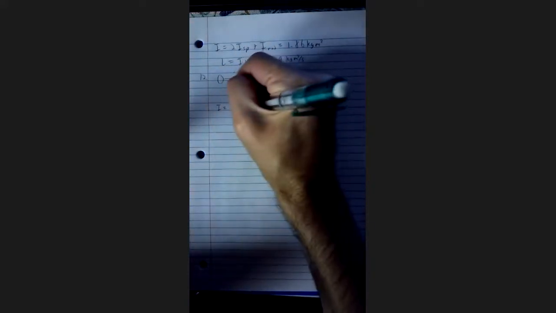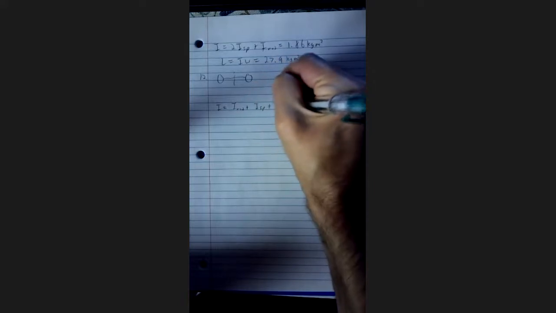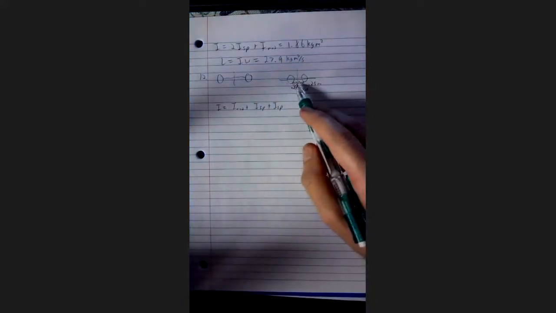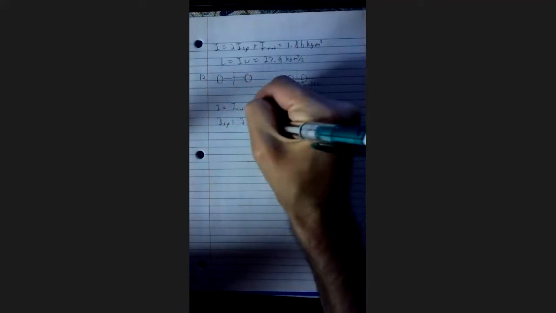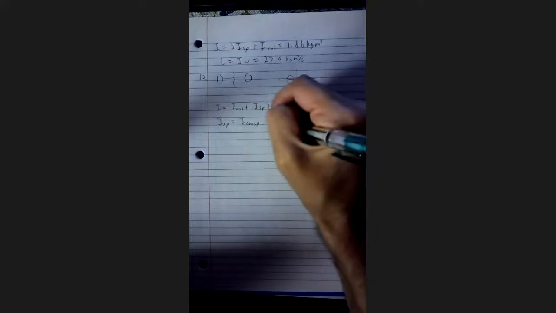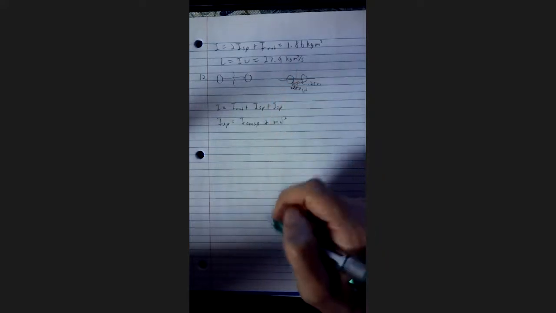So our moment of inertia then is still the moment of inertia of our rod plus the moment of inertia of our spheres. Now the only thing that's changed about the spheres is how far they are away from this parallel axis to the axis through their centers of mass. So we still have this center of mass moment of inertia plus our md squared here.